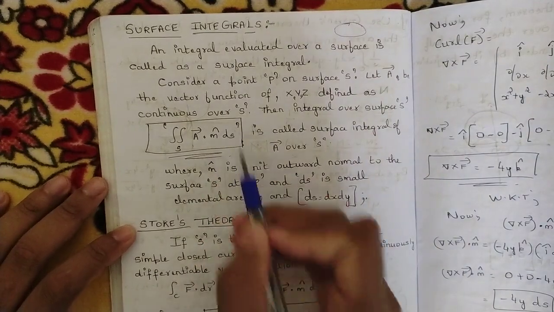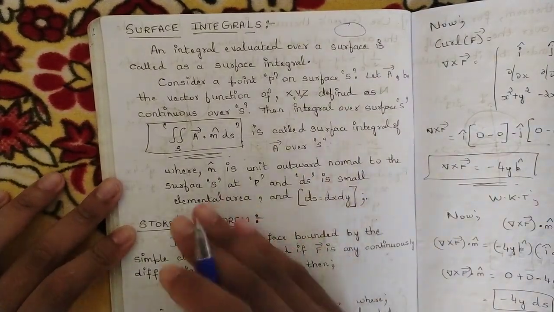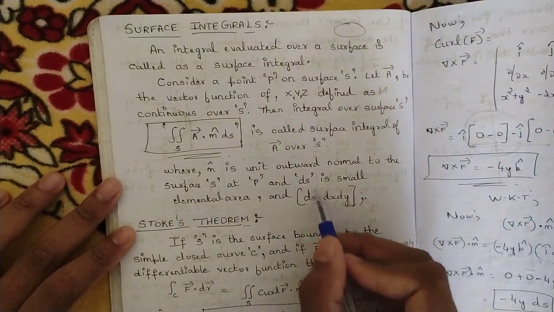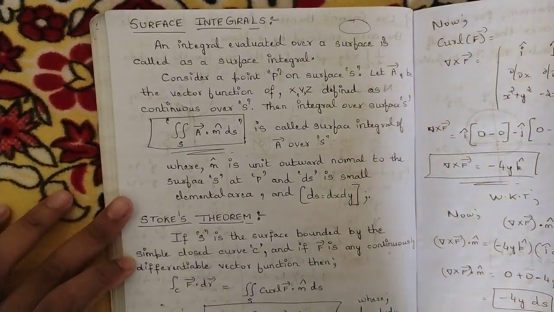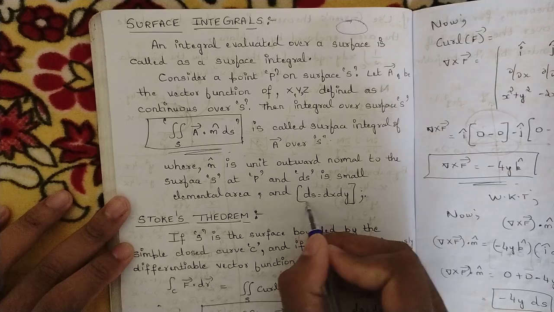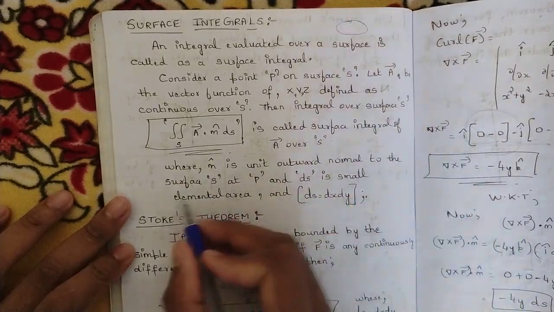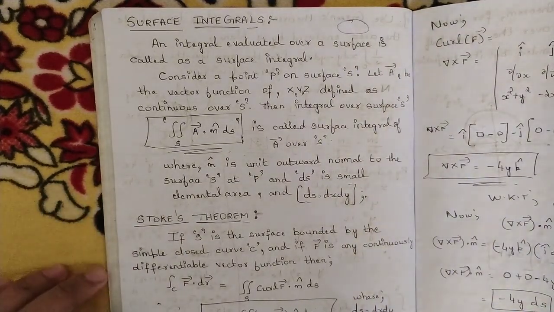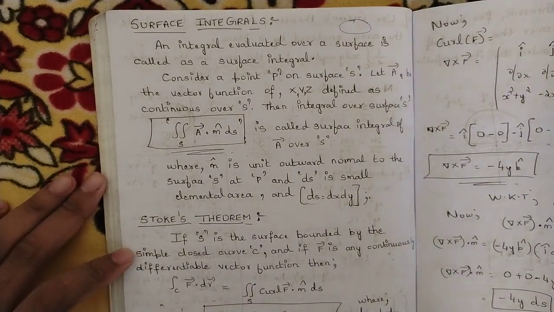Generally, if we have the surface around the xy plane, then dS is represented as dx into dy, the small elemental area, and n cap is the unit outward normal to the surface. So this was about surface integrals, so please note it down.